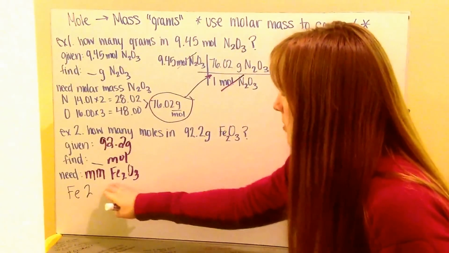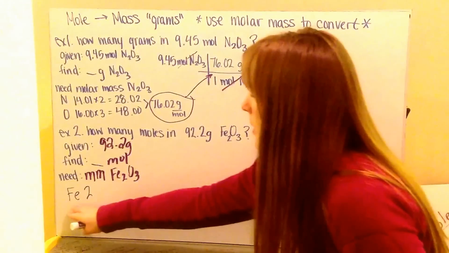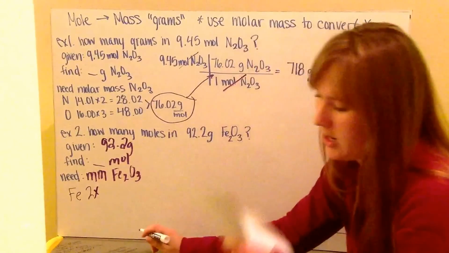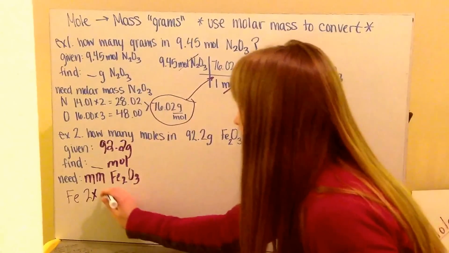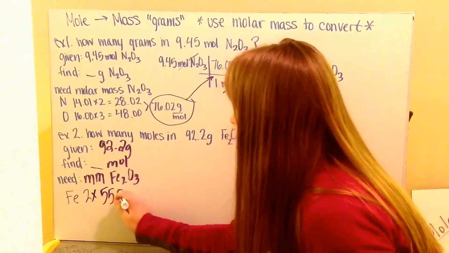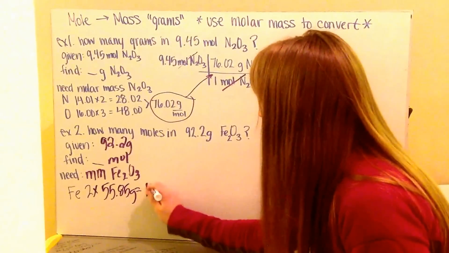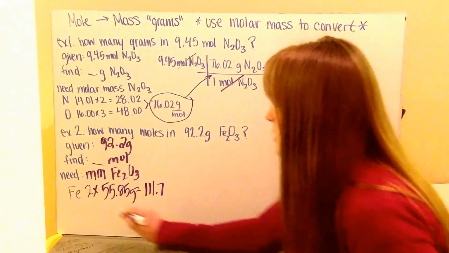Do is find my molar mass of iron 3 oxide. I have 2 atoms of iron, so 2 times my mass of iron, which is 55.85 grams, gives me a contribution of 111.7 grams.